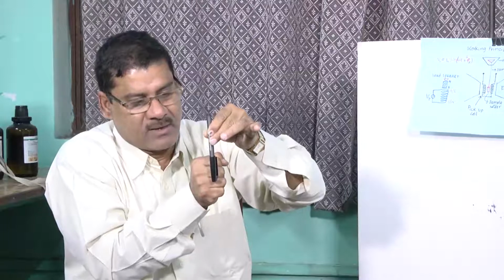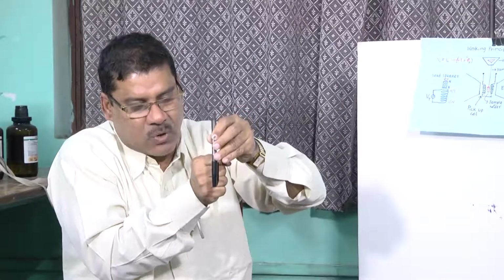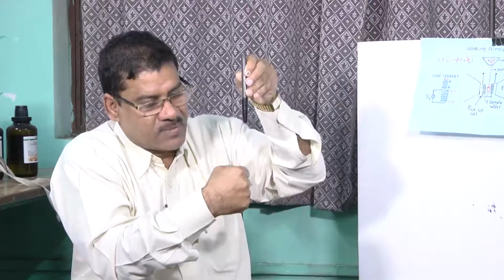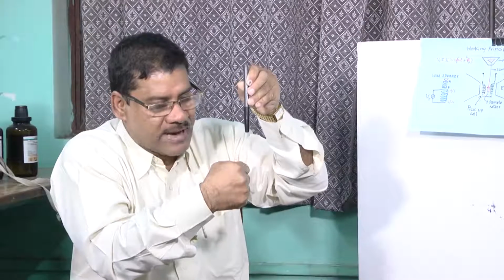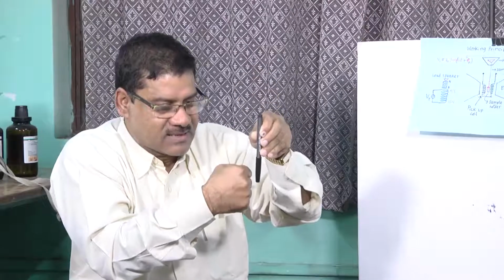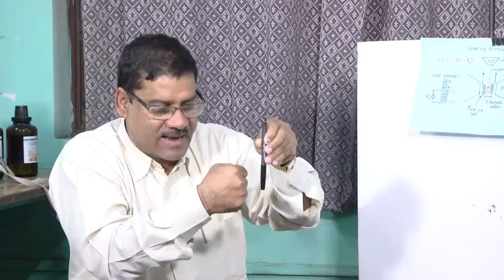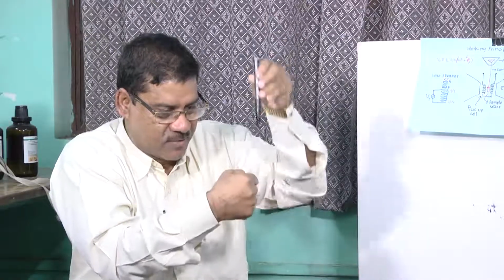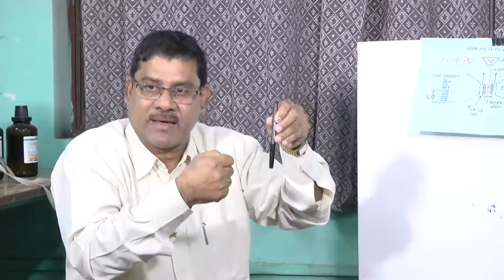So what is happening? Due to the magnetization, the lines of force are now going out from this coil, so there is no flux linked with the coil. The flux linked with the coil from this magnetization is going from maximum value to 0, changing with time.